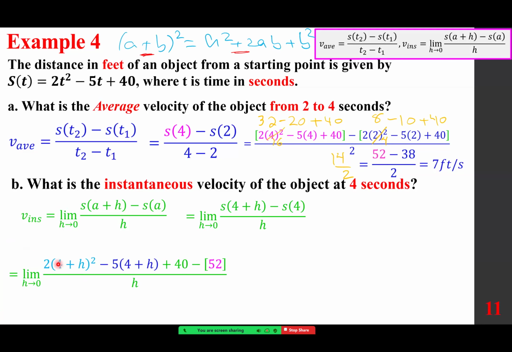Therefore, 4 squared is 16 plus 2 times 4 times h, 8h, plus h squared. Now 2 times that, 32 plus 16h plus 2h squared minus 20 minus 5h plus 40 minus 52.